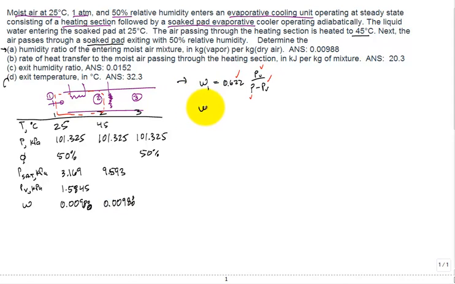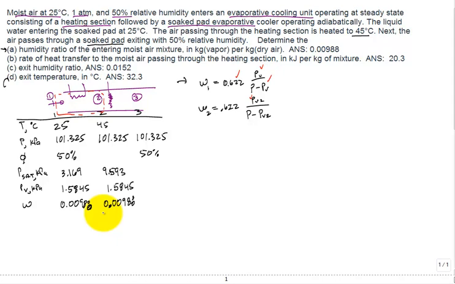I know omega 2 is equal to 0.622 times the partial pressure of water vapor at 2, over the total minus the partial pressure of the water vapor in the moist air mixture at 2. Only one unknown in this equation is PV2. And when you calculate it, it comes in exactly the same value. It's as if there's no change in the partial pressure of the water vapor because the amount hasn't changed. Its humidity ratio stayed the same.